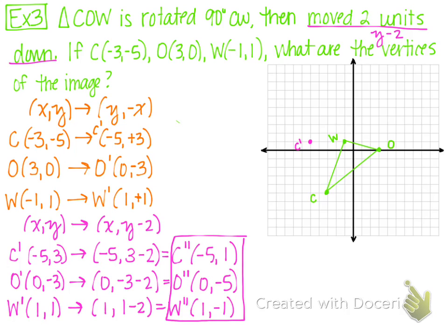So that's C prime, prime. O is at 0, negative 5. And then W prime prime is at 1, negative 1. So let's connect these. And there is our final pre-image and image.